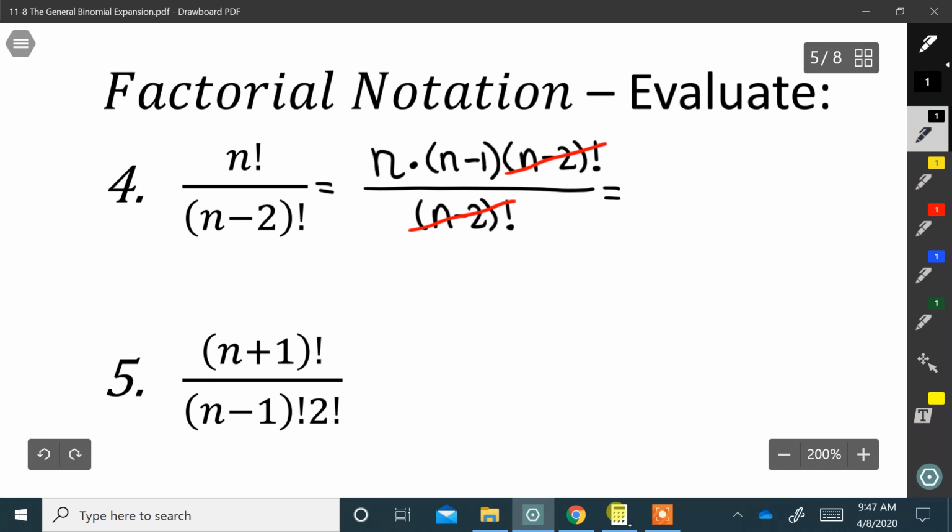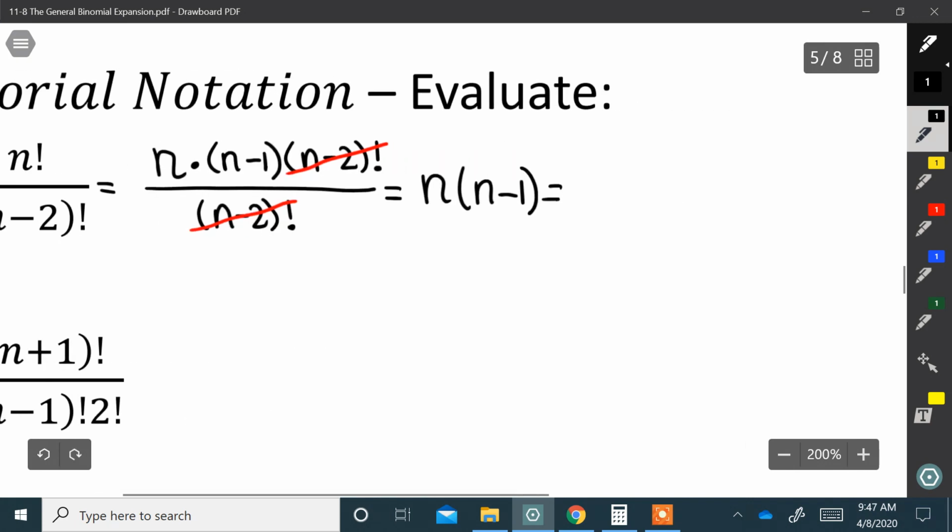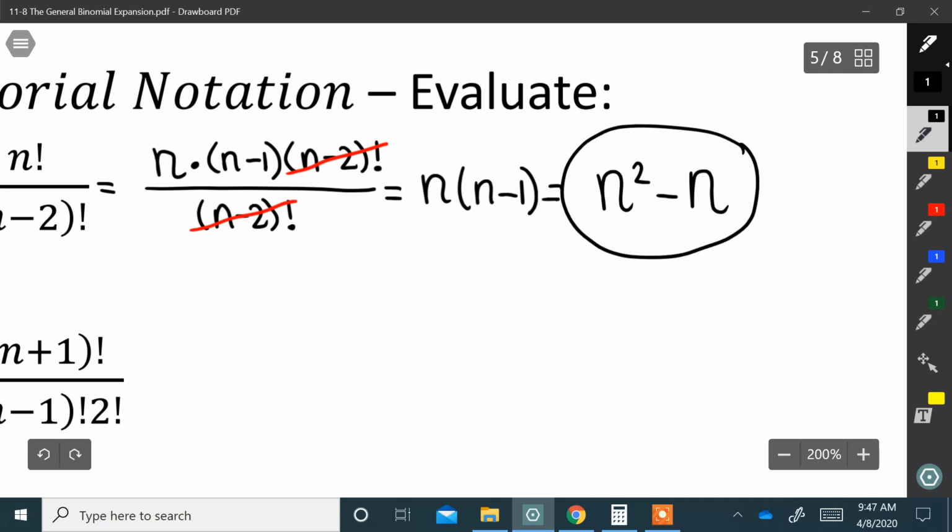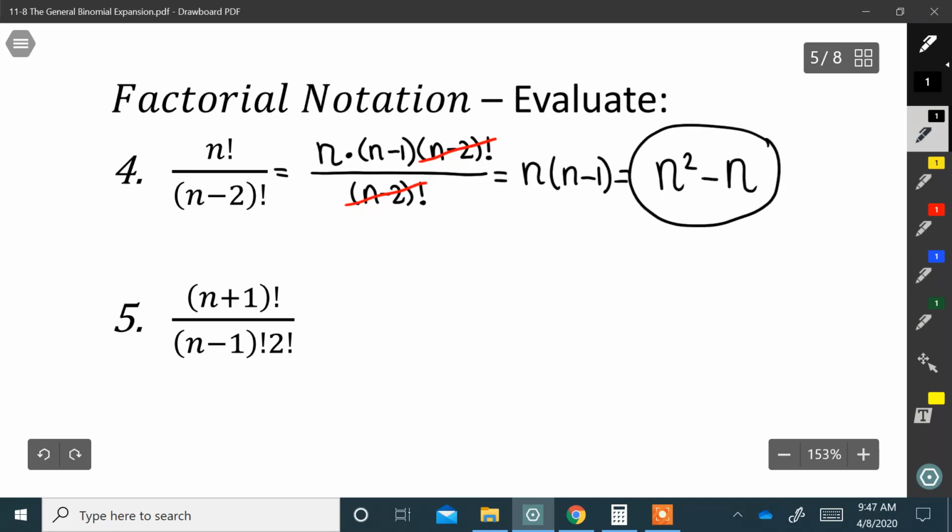We are left with n times n minus 1. If you wanted to, you could distribute, and you'll get n squared minus n as your final answer. All right, go ahead and try to do number 5. Pause the video and see if you can do it.